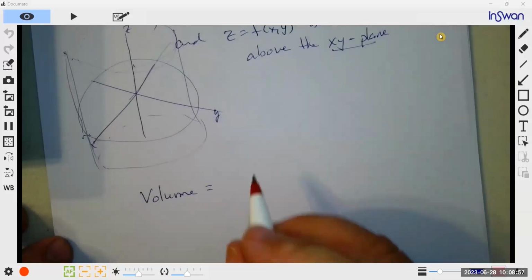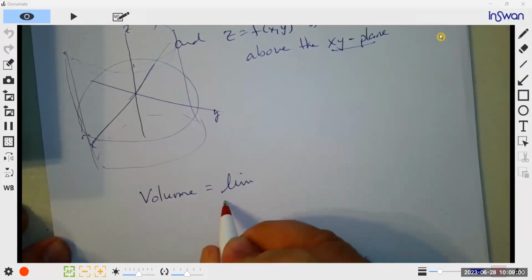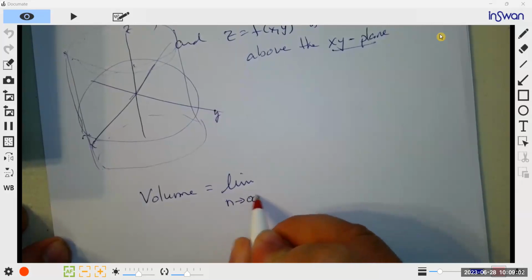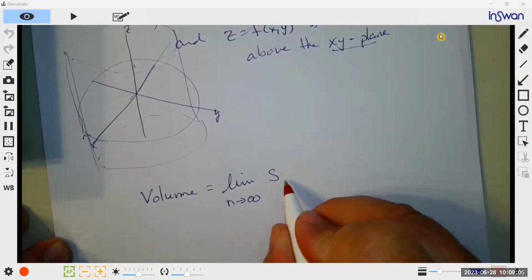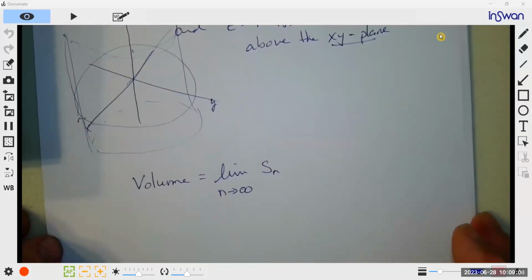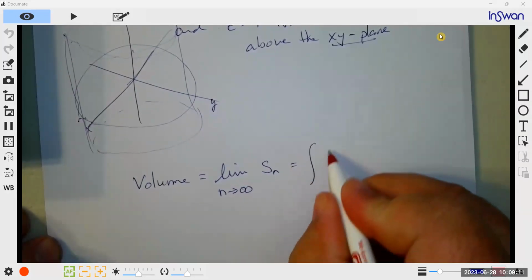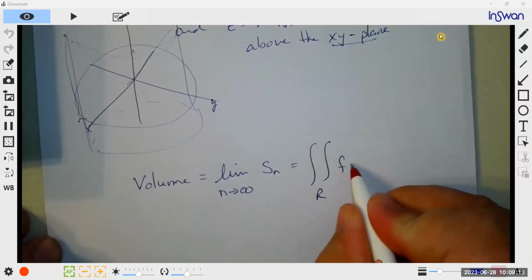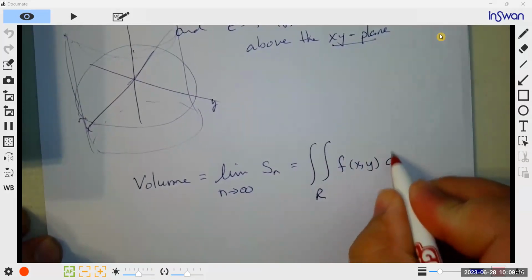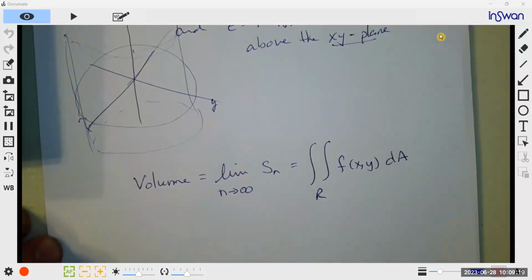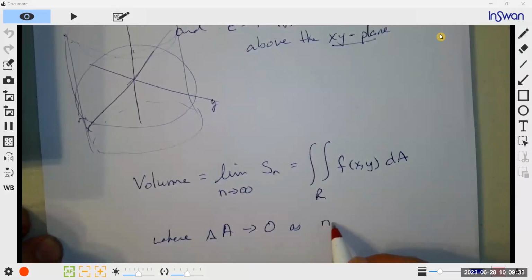So the volume of an object is determined by the limit of all these little rectangles, which is calculated by that. Where the delta A goes to 0 as n goes to infinity, as we talked about earlier.